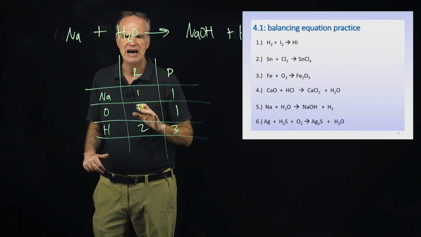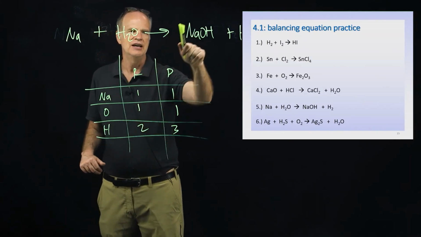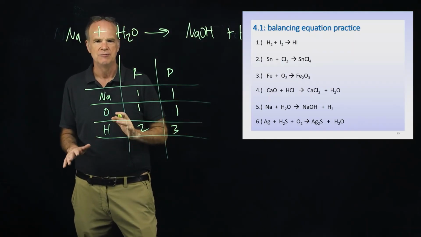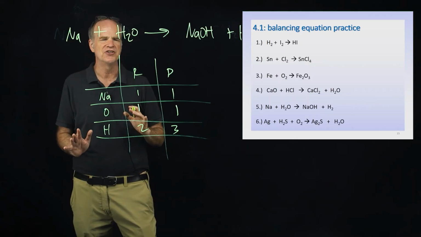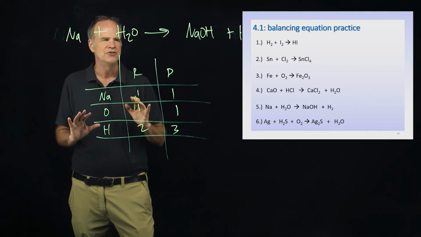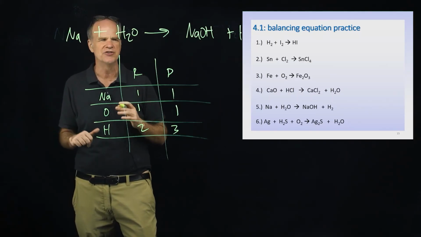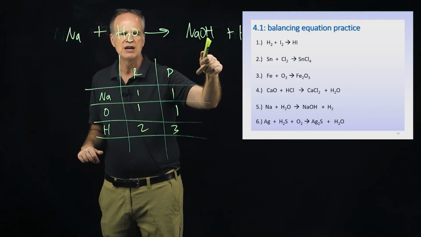So let's balance hydrogen. This is a little tricky because we have 2 hydrogens here and then we have 3 hydrogens here that are kind of broken up between 2 different compounds. And so here the way I might approach this is I may want to try to see if I can make some adjustments to give me even numbers, and maybe that might make things a little bit easier. So we have 2 hydrogens here, we have 1 here.